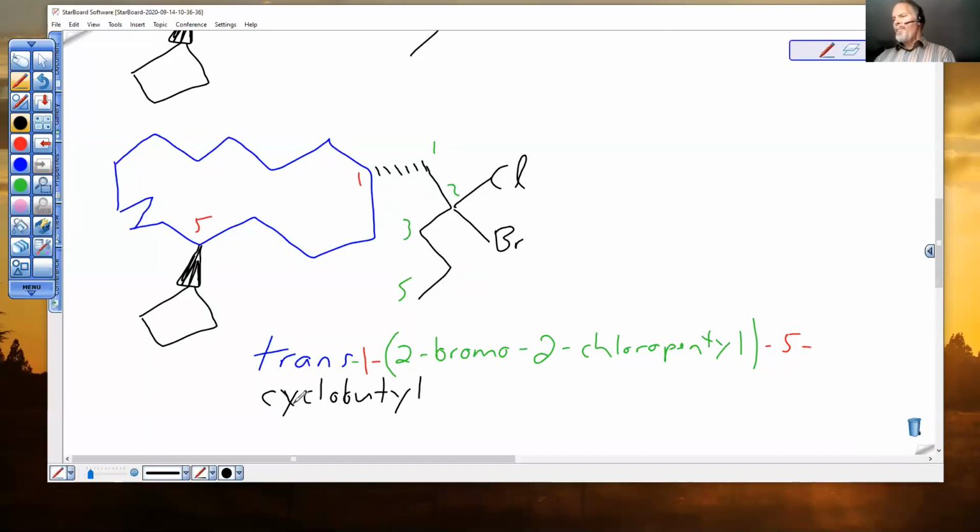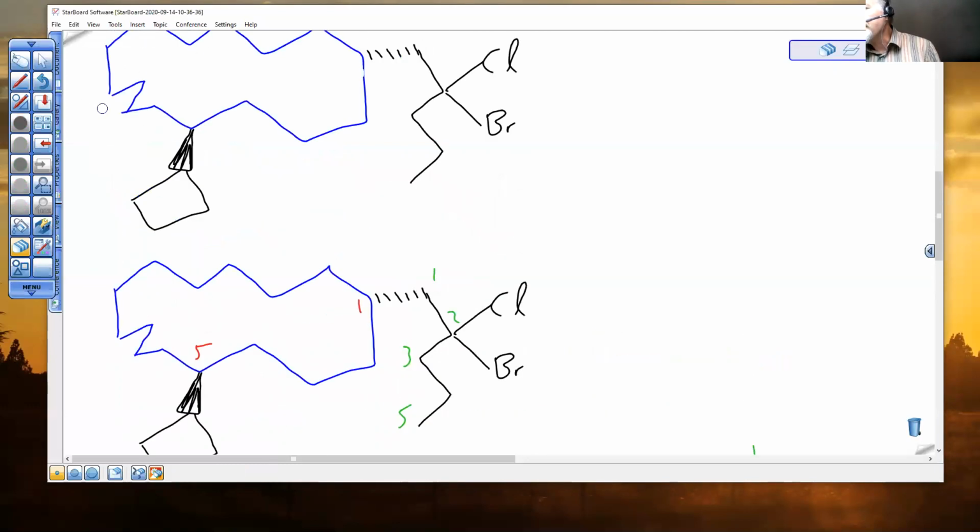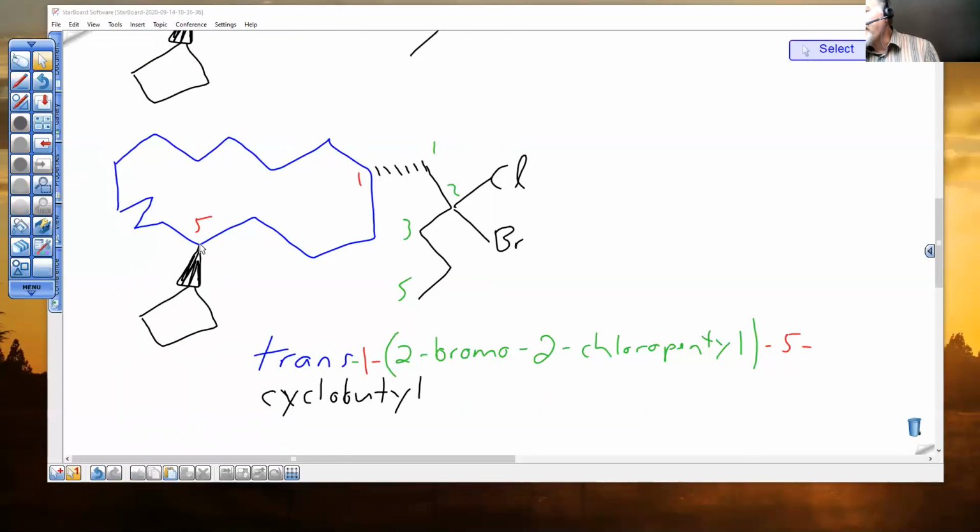And then how big is this ring? Well, we got 5. There's a carbon there, 6. It's a little messy here. I did not want that to look like an extra carbon. Let's make sure it's not a carbon sticking off. 5, 6, 7, 8, 9, 10, 11, 12, 13, 14, 15.